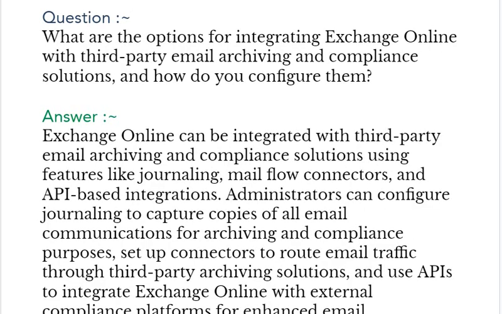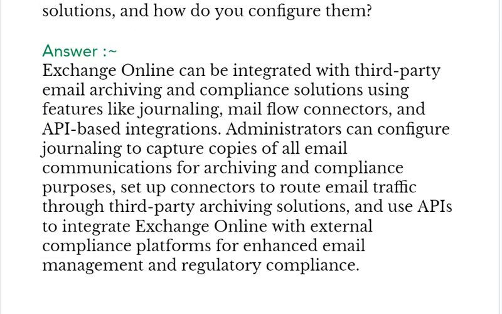Our next interview question is: what are the options for integrating Exchange Online with third-party email archiving and compliance solutions, and how do you configure them? Your answer should be: Exchange Online can be integrated with third-party email archiving and compliance solutions using features like journaling, mail flow connectors, and API-based integrations.